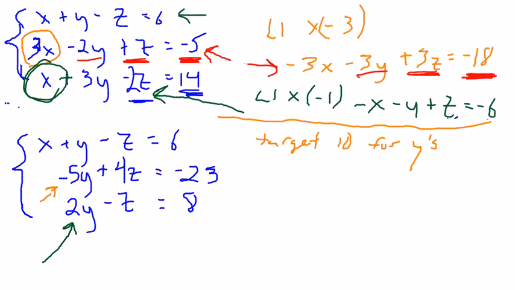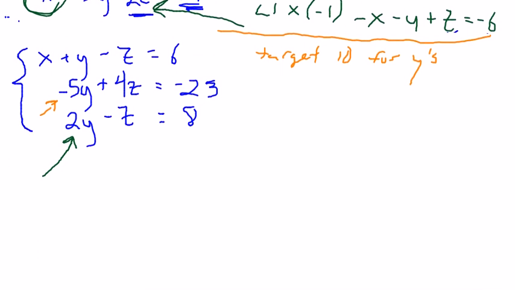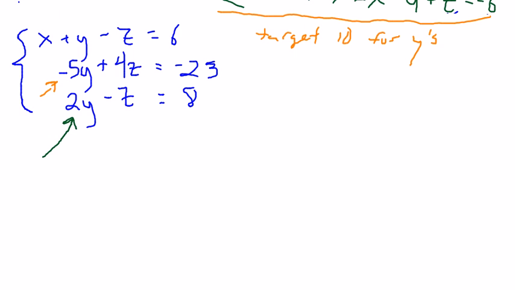I'm going to move this a little bit so we have some more space. Hopefully you understand how we got from that first line to this line. To target it, I need to change the numbers out front of the y. The orange one, the negative 5y, I need to double. So I need to double that entire line.